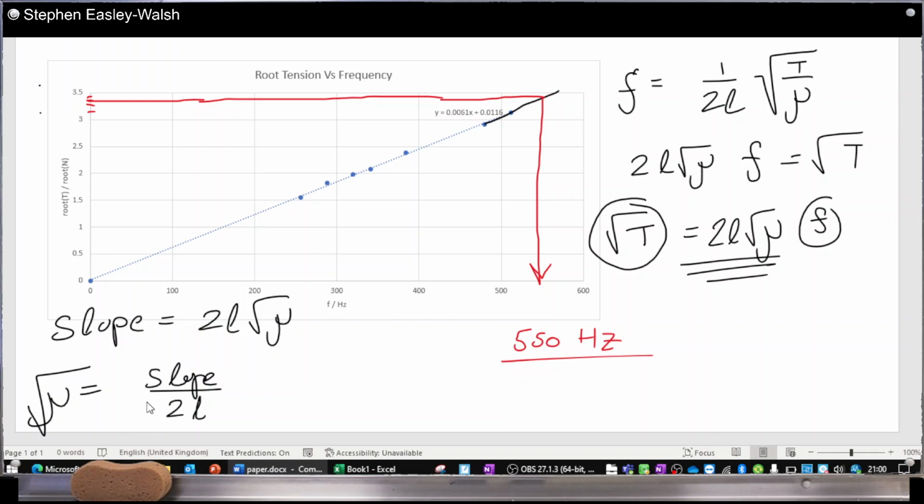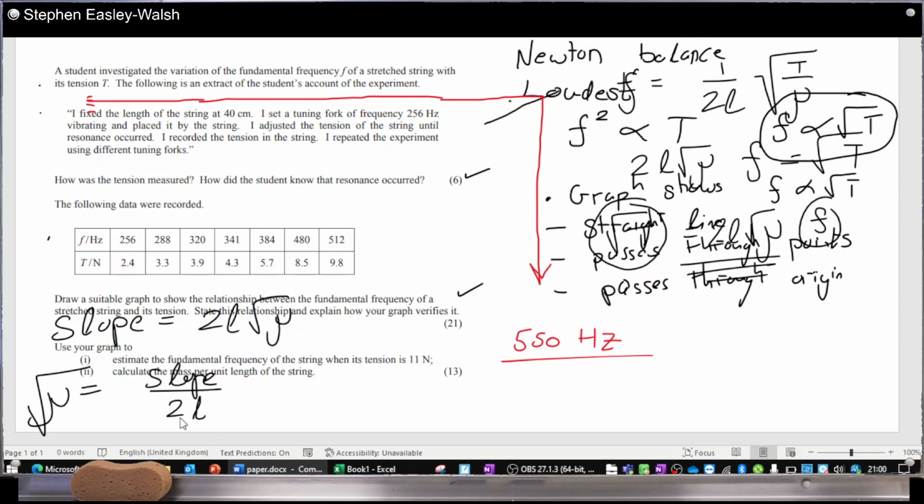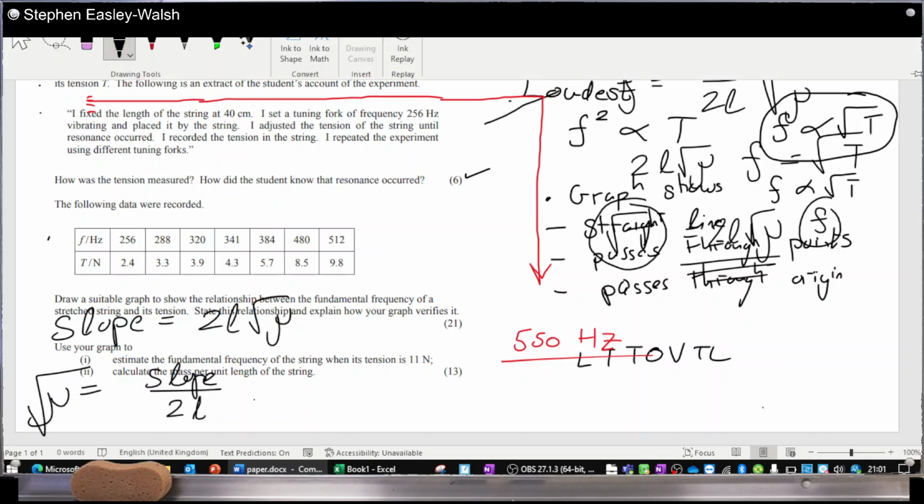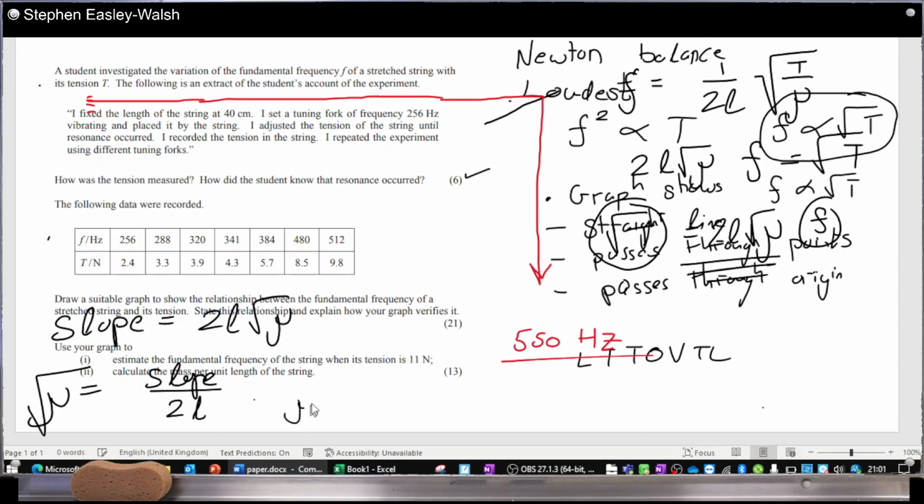So, whoops. Dear. I'll have to accidentally. How do I undo that? Okay, it doesn't matter because I nearly have the formula here. I was just going to square both sides, so you get mu is equal to this side squared.